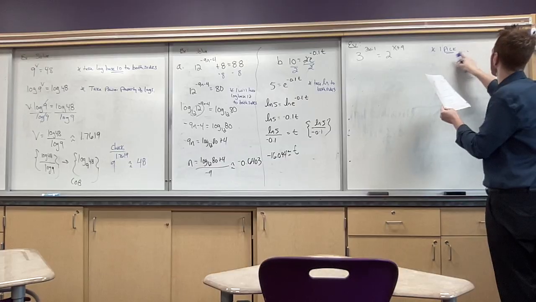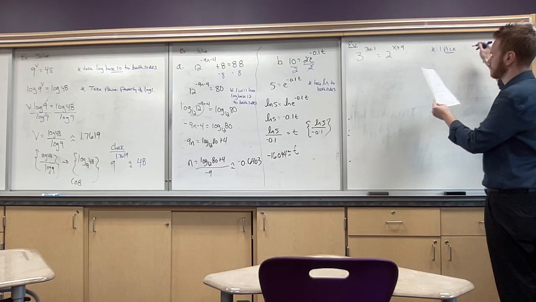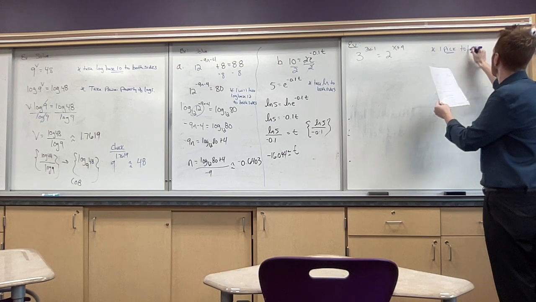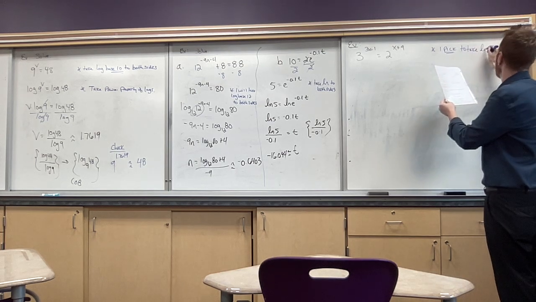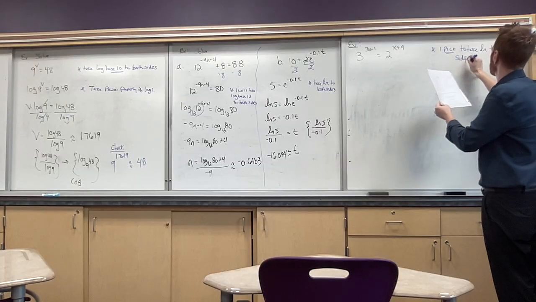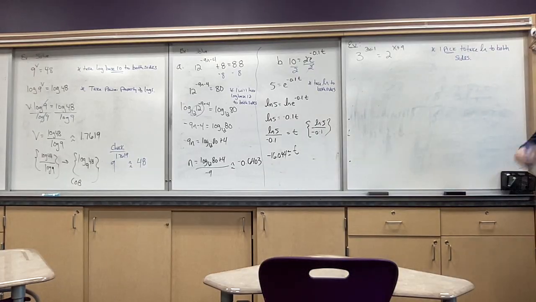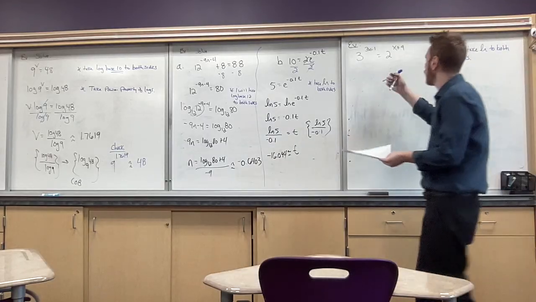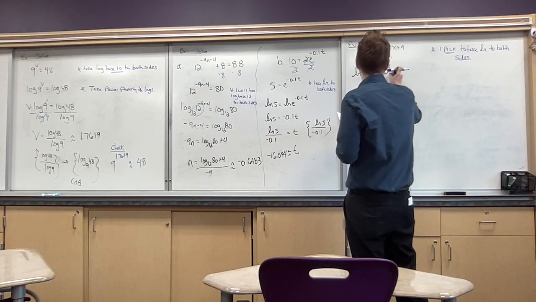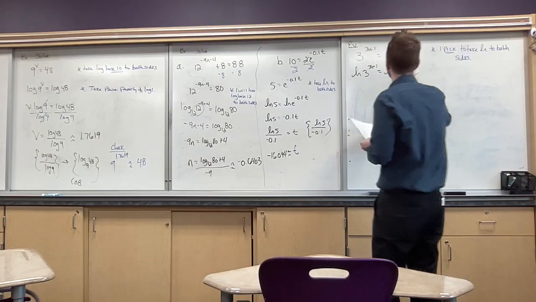I pick to take ln to both sides. The reason why I put the words I pick is that way you guys can actually see that you made that choice, okay? So here we go. So we get ln of 3 to the 3x minus 1 equals ln of 2 to the x plus 9.